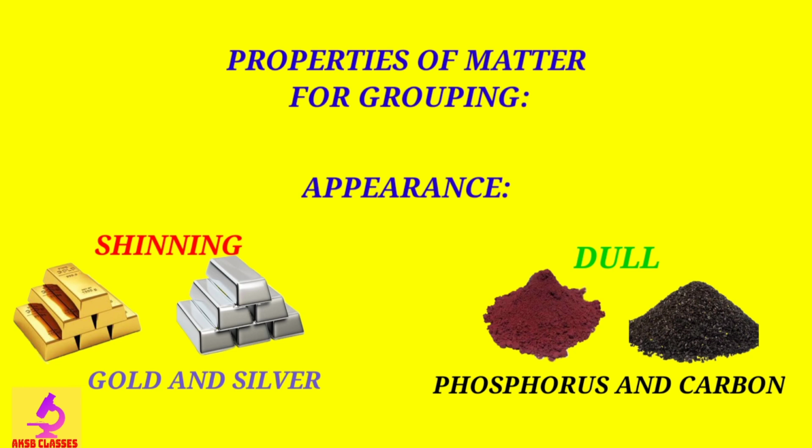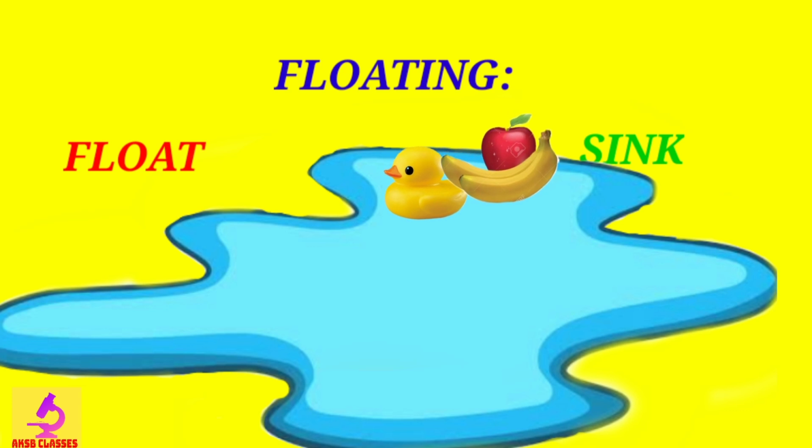We can categorize them in one category, one group. On the other hand, the materials that are generally non-metals, like phosphorus, carbon, or sulfur, are dull in nature. So on the basis of appearance, we can categorize these materials.